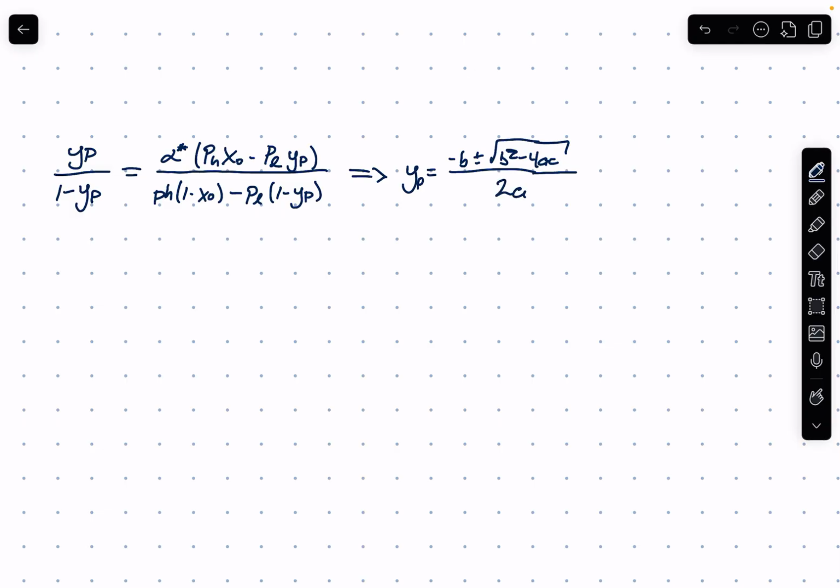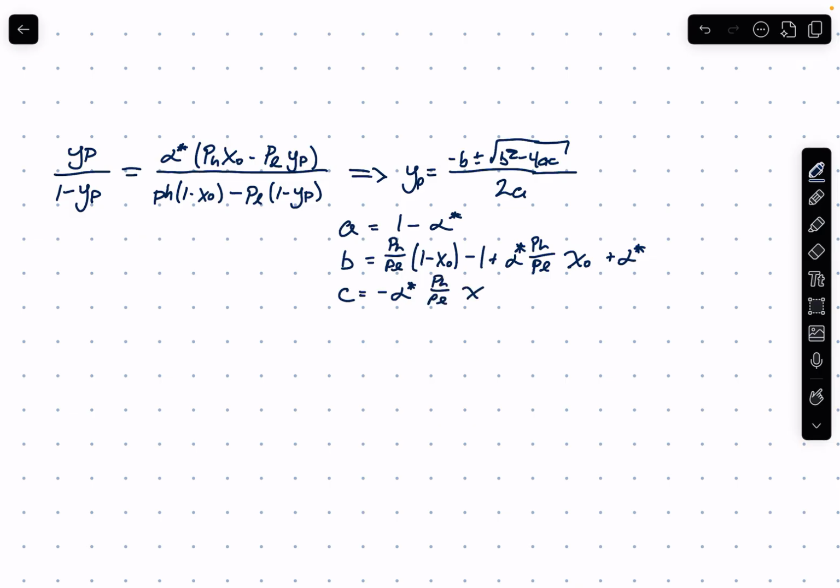And for each of these variables, a is equal to 1 minus alpha star, b is equal to the ratio of our pressures times (1 minus x naught) minus 1, plus alpha star pH over pL times x naught plus alpha star, and c is equal to minus alpha star pH over pL times x naught.